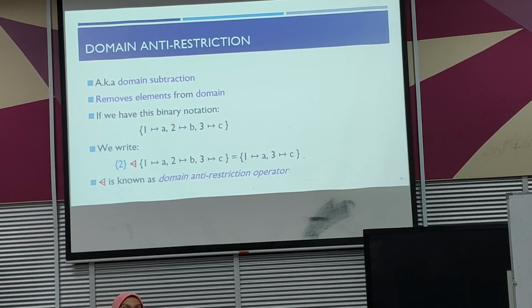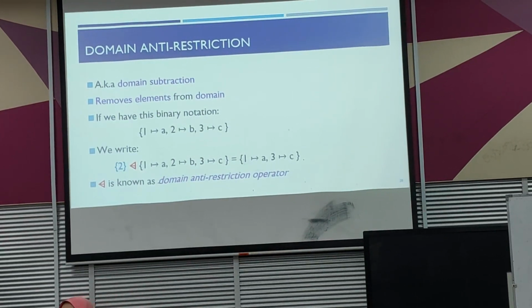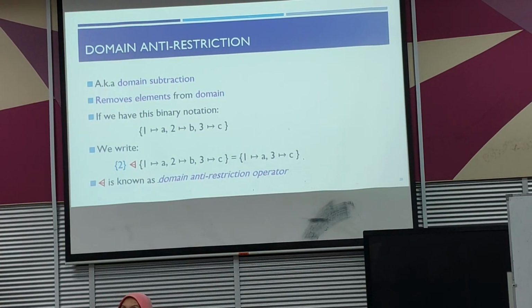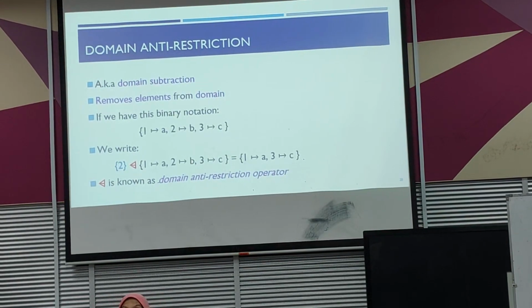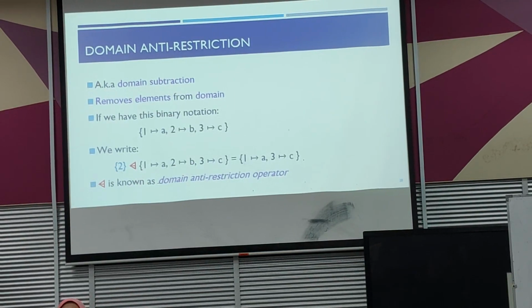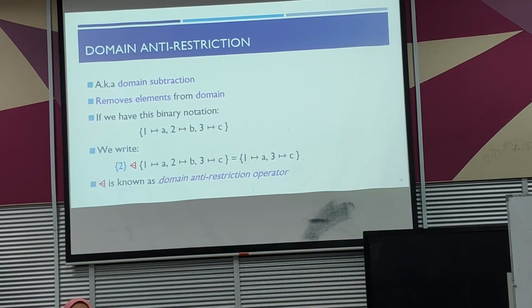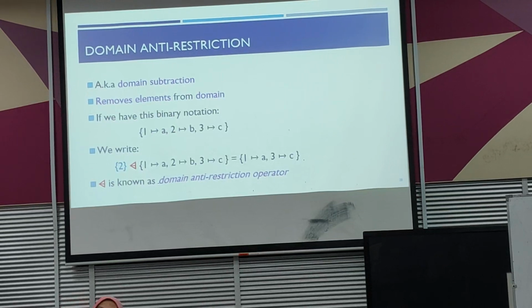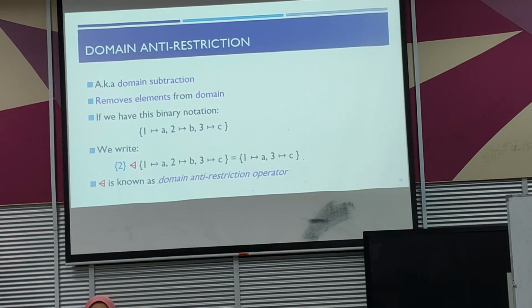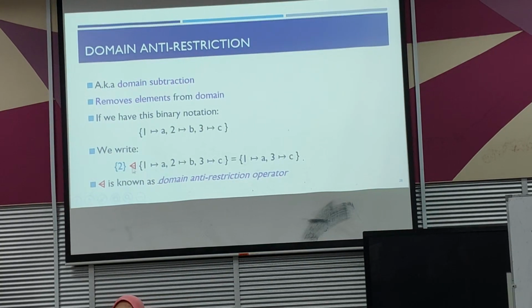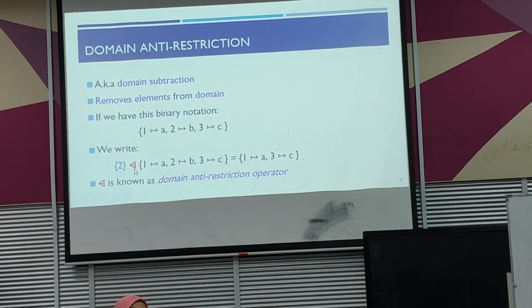So it can be domain or range anti-restriction. The difference between domain restriction and domain anti-restriction, they use similar symbol, just that the anti will have the line in the middle.